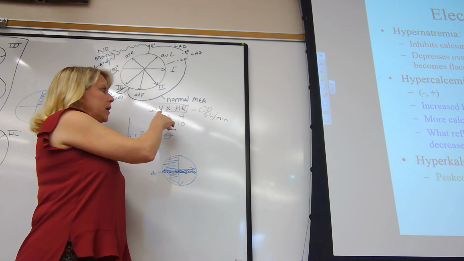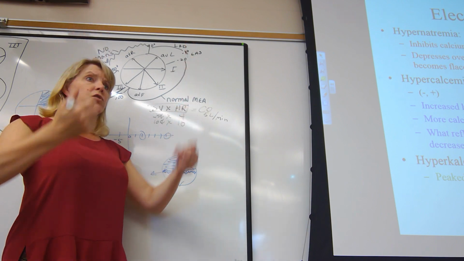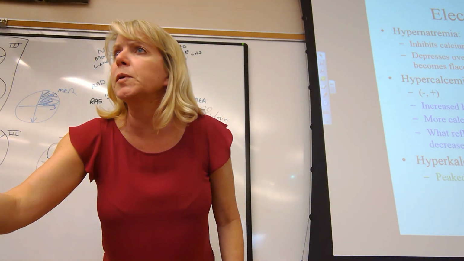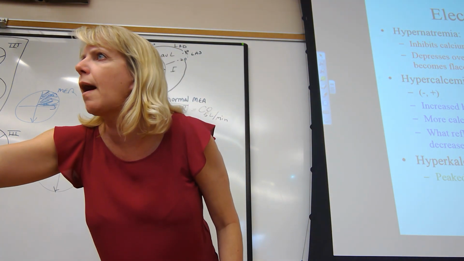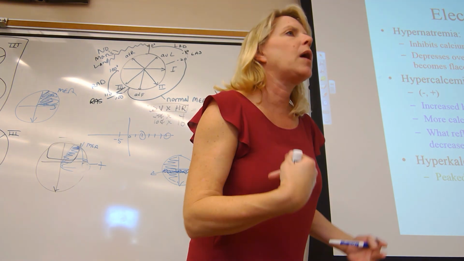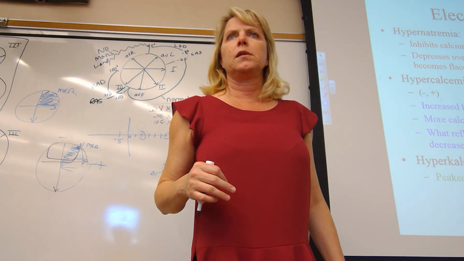So if the heart is super good and gives you a robust contraction, then the brain says, oh my gosh, you're super good at that. You're so good at that. You got so much out, you can take a break. You do not need to beat as often.